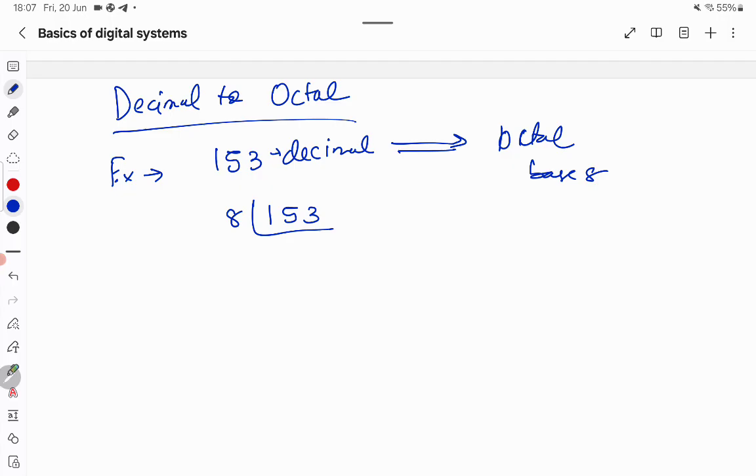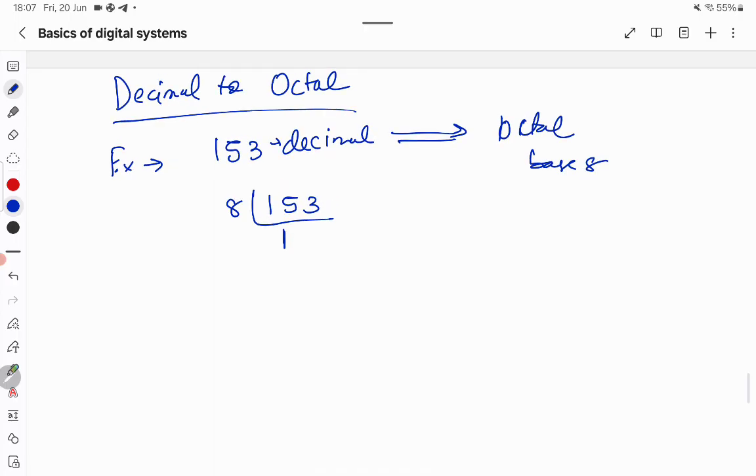So how much will be the answer? 8 ones are 8, so this will be 19, and the remainder: 8 9s are 72, and the remainder is 1.